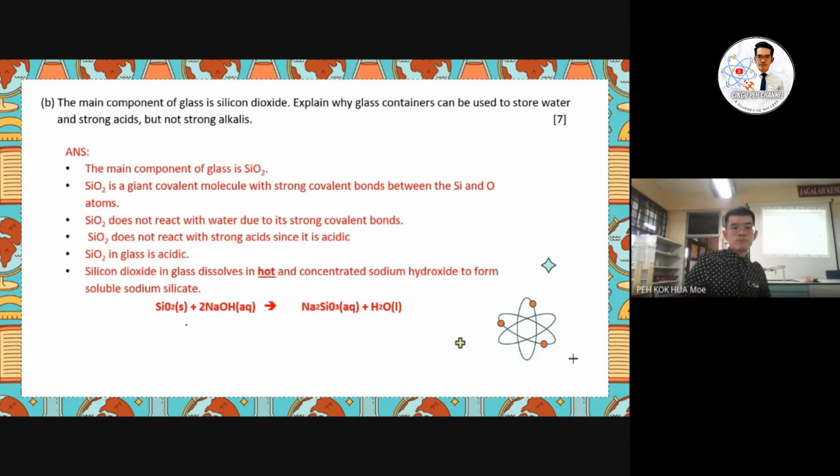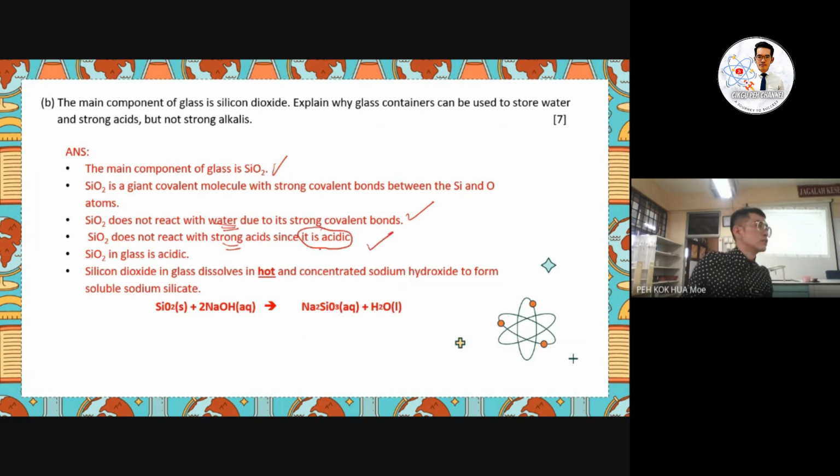Okay, so firstly, discuss what the component of glass is, which is silicon dioxide, and it has a giant covalent structure with strong covalent bonds between silicon and oxygen. So it does not react with water due to the strong covalent bonds, and not with acid because it is an acid.